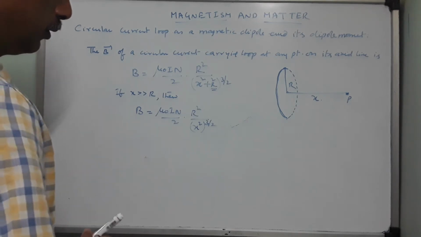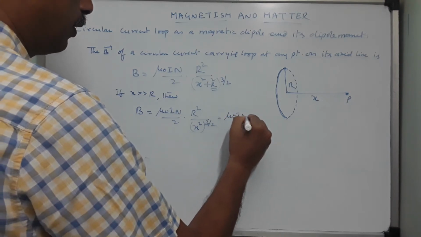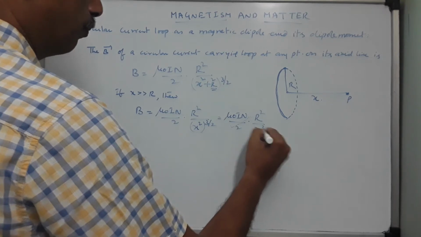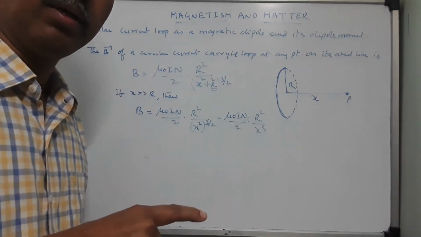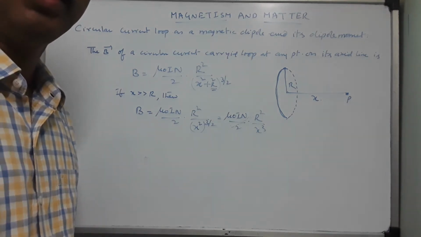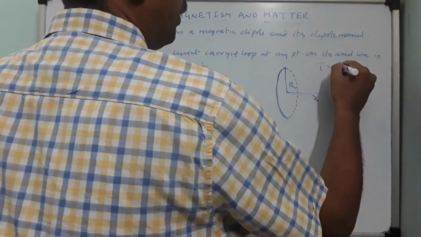So now this will be simplified as mu naught I into N divided by 2 into R square whole to the power of X cube. But children, we have defined the dipole moment in deriving the expression for torque on a coil. How did you write this expression? Tau equals to B naught.